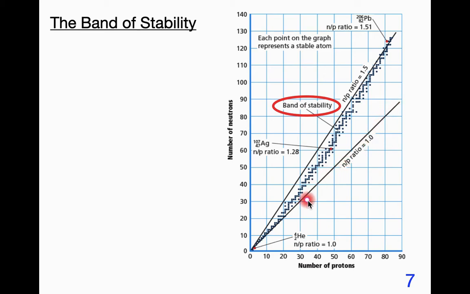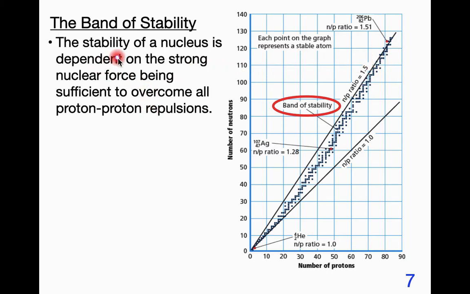But we find as we have more and more protons in the nucleus, because the protons repel one another, we need more and more neutrons in order for the atom's nucleus to remain stable. And so this is called the band of stability, where we have more neutrons than protons in order for the nucleus to be stable. Okay. The stability of the nucleus is dependent on the strong nuclear force being sufficient to overcome all proton-proton repulsions.